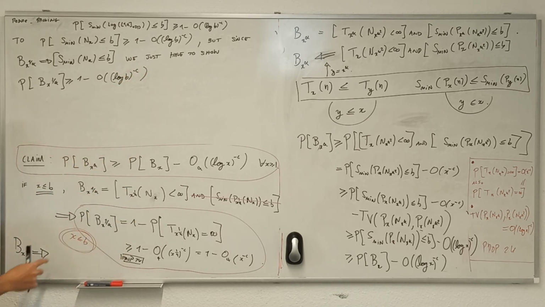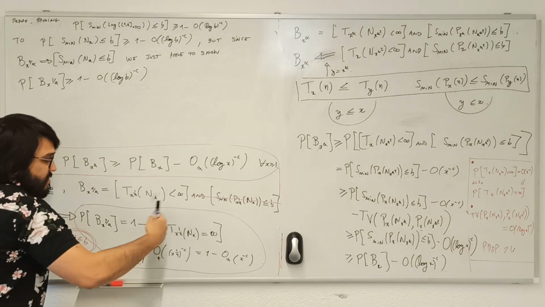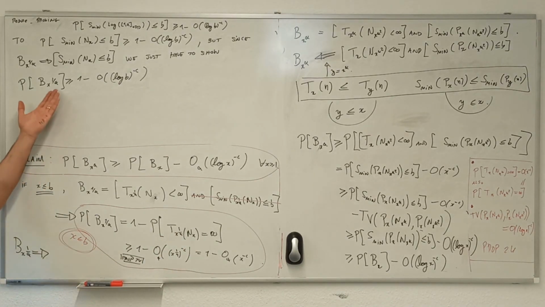Well, we already know that if x is less or equal than b, because that's part of the proposition, but we want to do that for every x, with a constant which is independent of x.